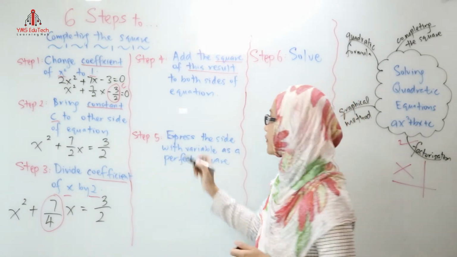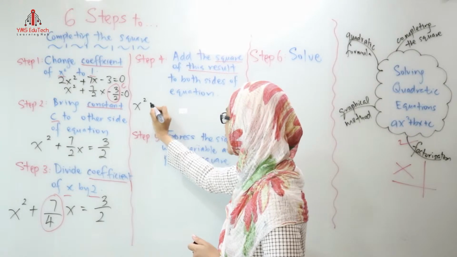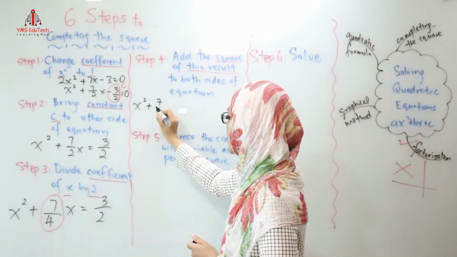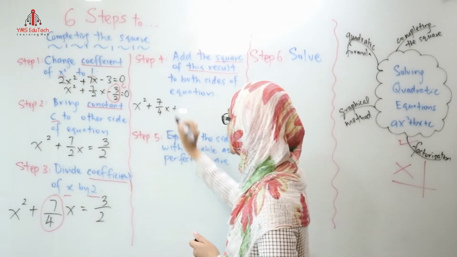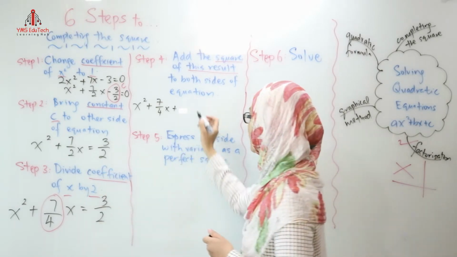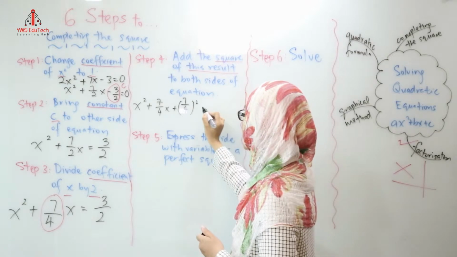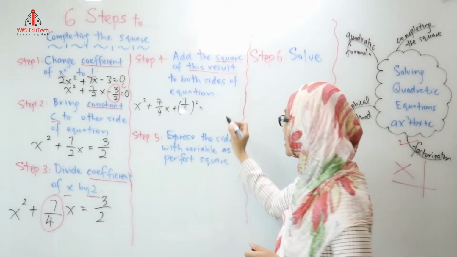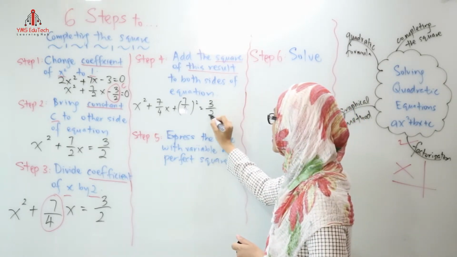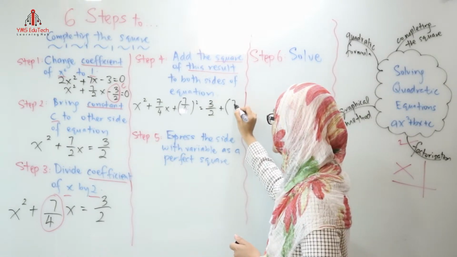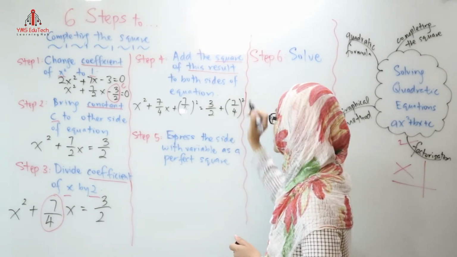So what will I have? I will have this, x squared plus 7 out of 4x plus the square of 7 out of 4. So that will be (7 out of 4) squared is equals to 3 out of 2 plus (7 out of 4) squared.